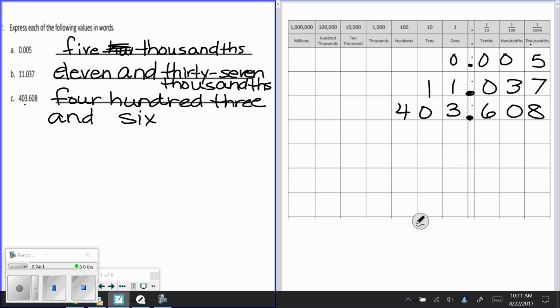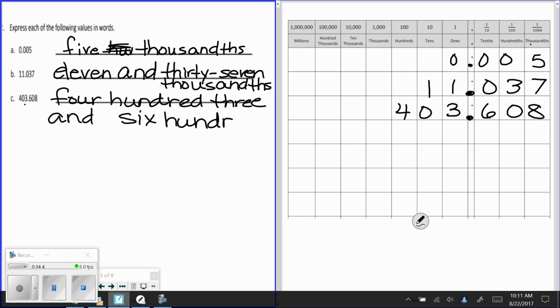See what I'm saying? You don't want to say that. You want to say 403 and, because that means there's a decimal, 608 thousandths. You only need to say and one time because there's only one decimal. If you're saying and every single time, that means there's 3 decimals in there. There's only one.